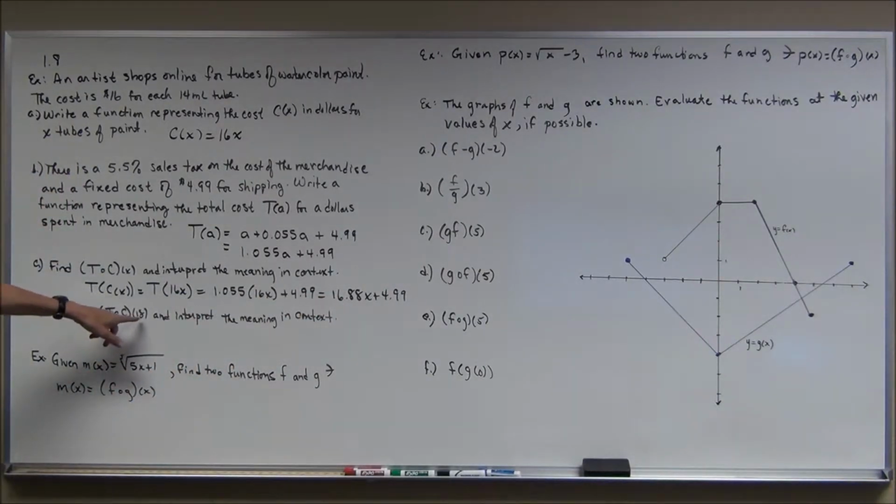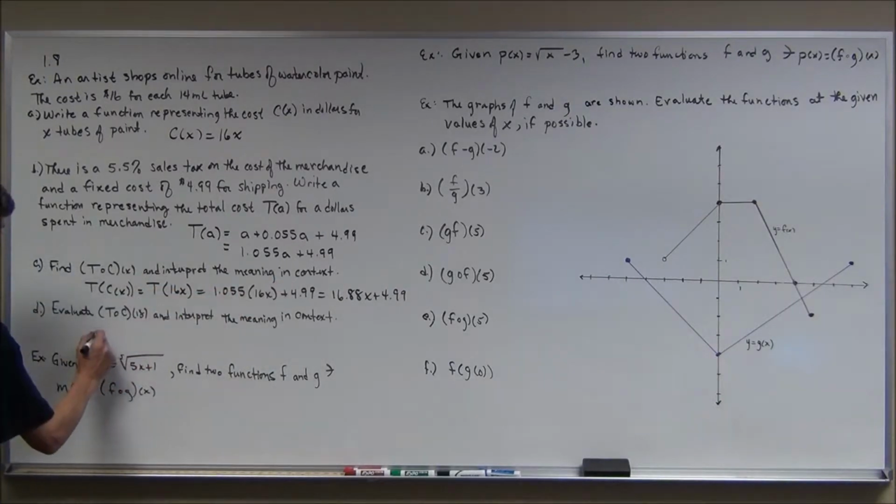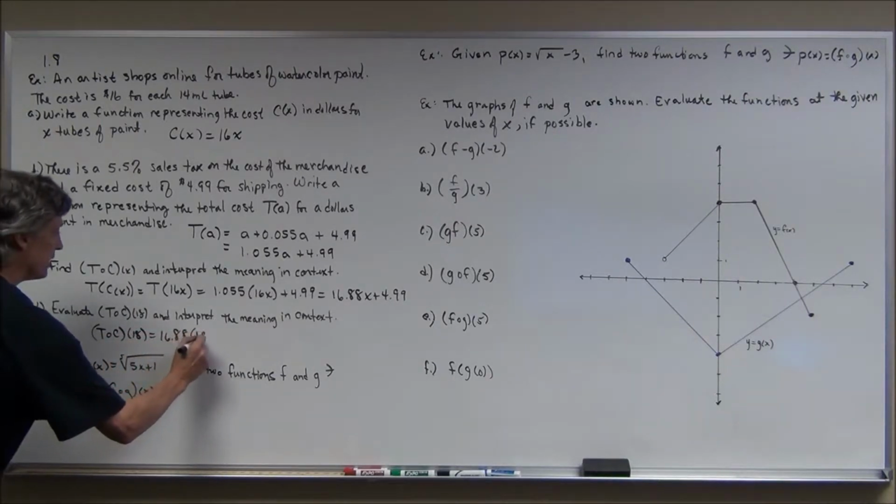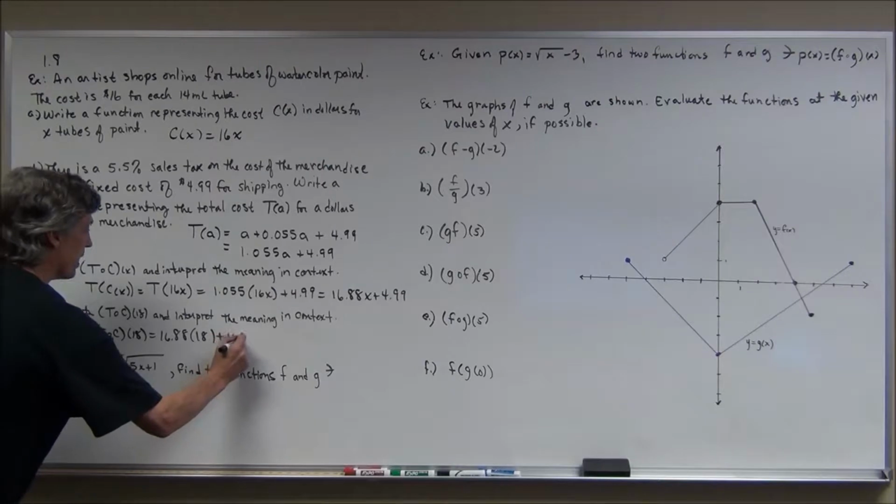Now, T circle C of 18 means I'm just plugging 18 back into this rule here. So this would be 16.88 times 18 plus the 4.99.